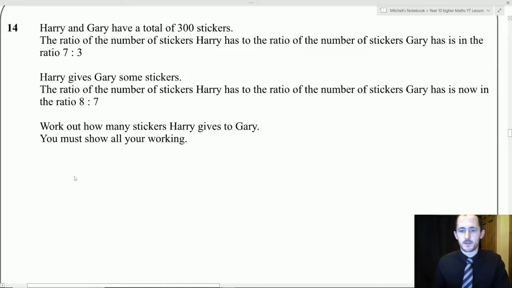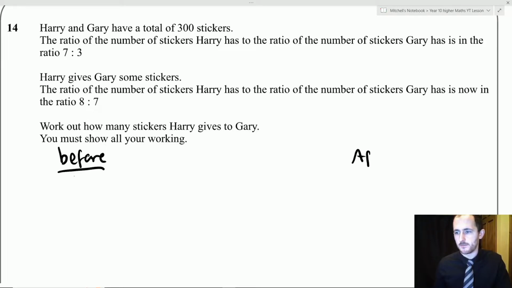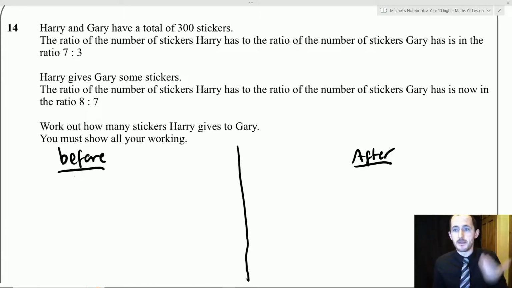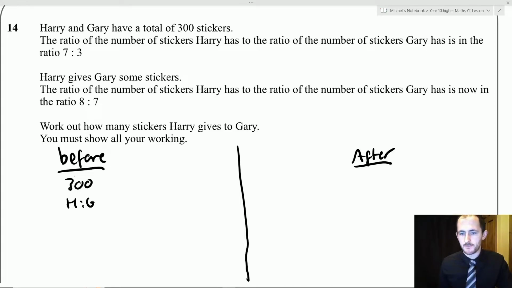Okay. So what I'm going to do is I'm going to write before and after. And let's see if we can work this out. So before, we can quite easily work out how many stickers Harry and Gary have, right? So before they have 300. And the ratio of H to G is 7 to 3.